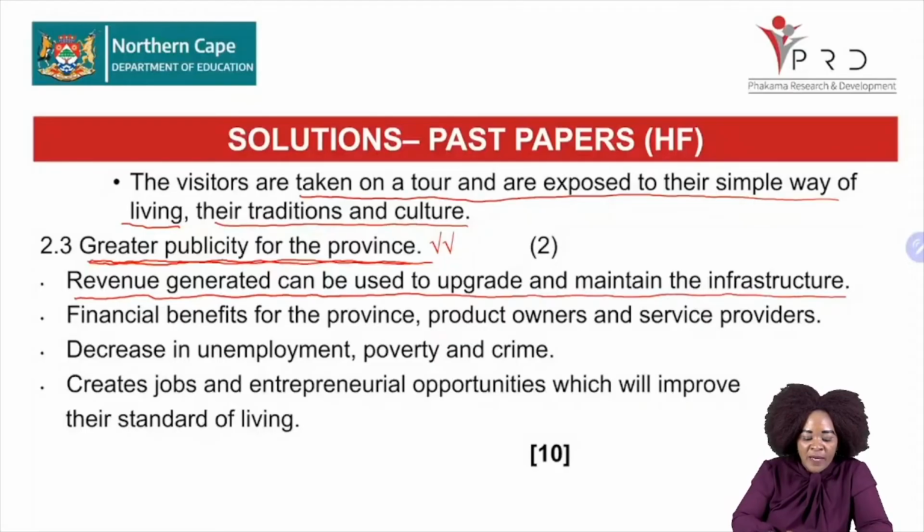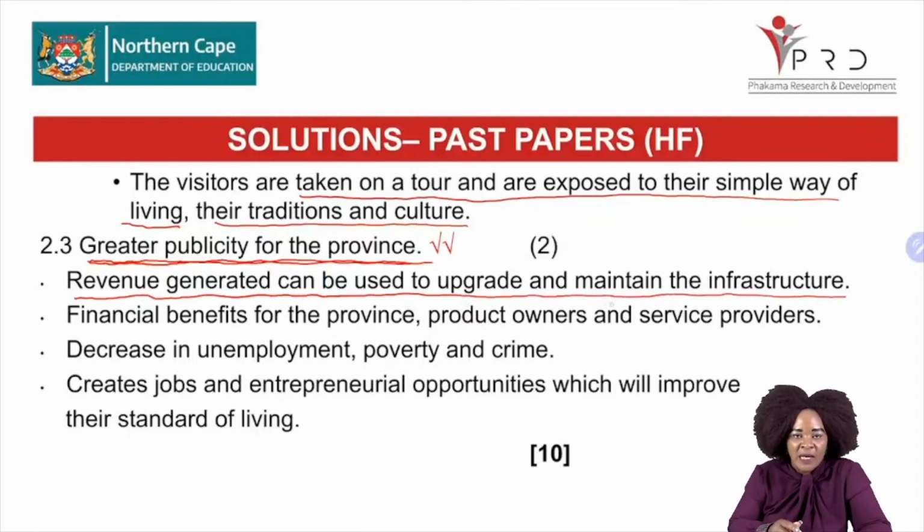So now, at the end of the day, that revenue that is generated is going to be used to upgrade and maintain the infrastructure. And at the end of the day, grade 12 learners, everyone benefits. The people in the local community, they also benefit. Why are they benefiting?